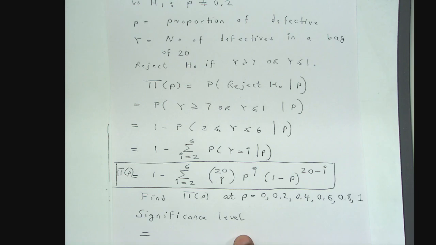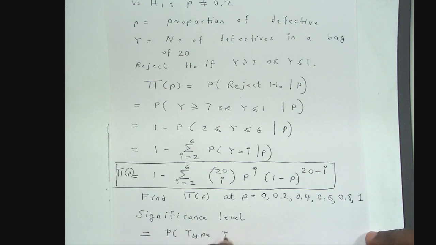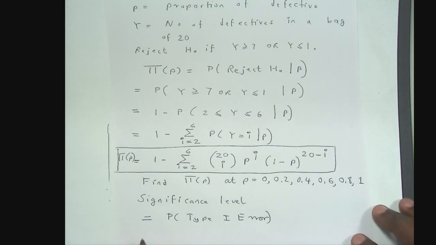The significance level is alpha. It's the same as the probability of type 1 error. And the probability of type 1 error is simply the probability that we reject the null hypothesis when H0 is true, which is, H0 is true if P is equal to 0.2.